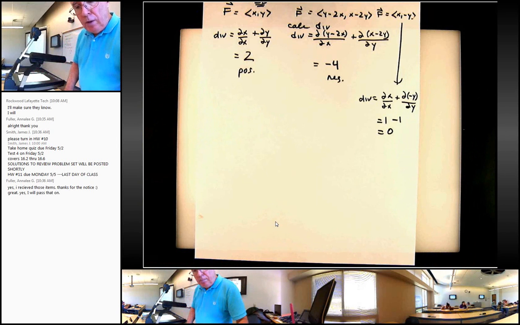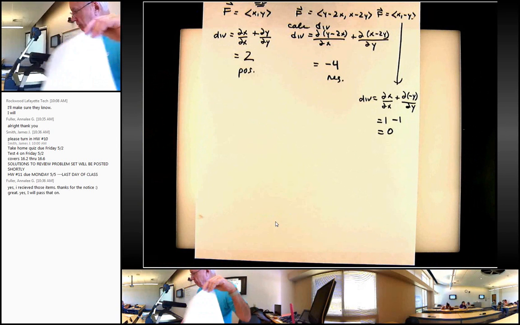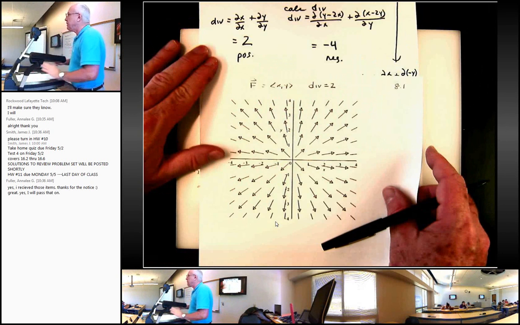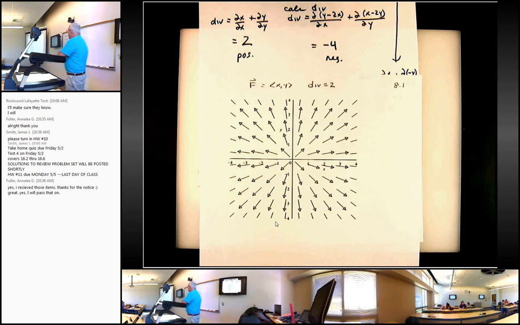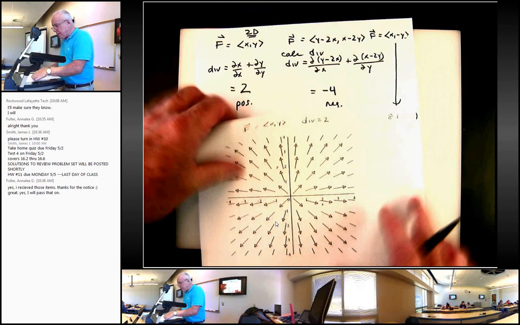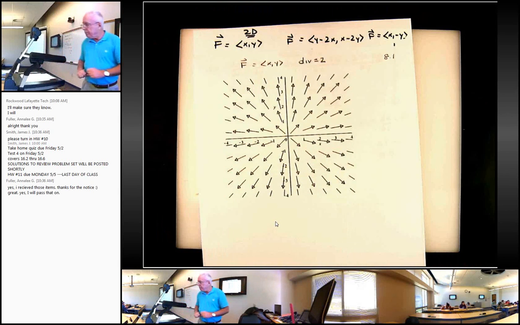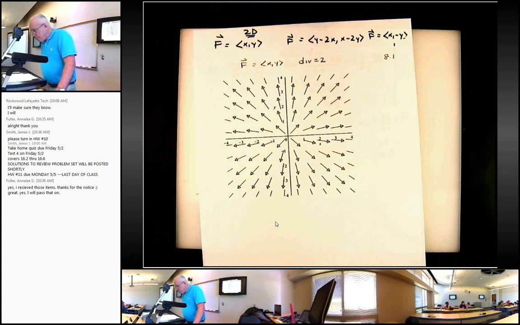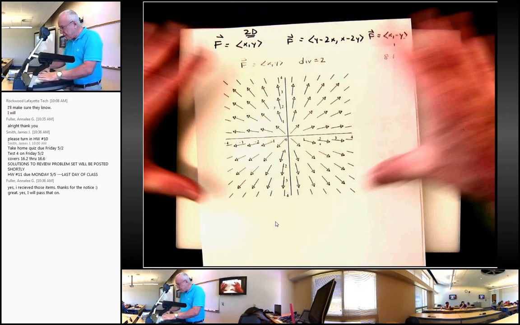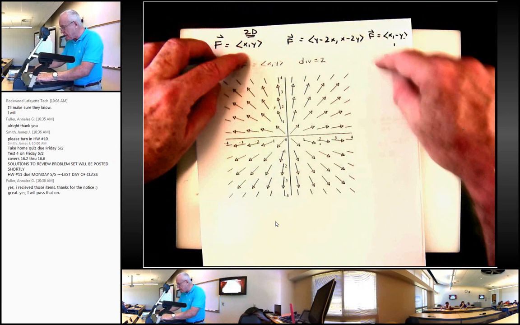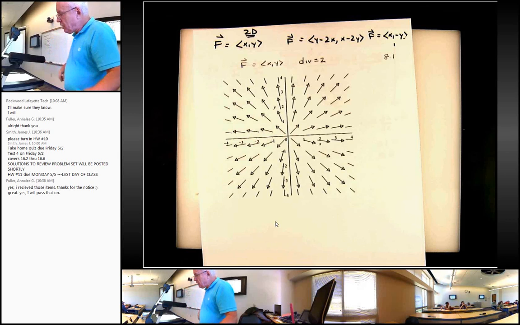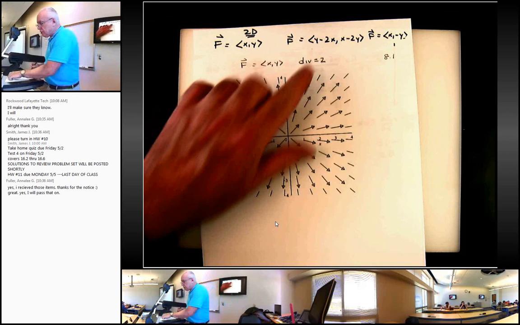On Maple, I did a little vector field because it certainly can draw a heck of a lot better than I can. Here is the first one, where the vector field is x, y. The div is 2. As x and y get bigger, of course, the length of these vectors gets larger, but the div is a constant 2 all throughout.